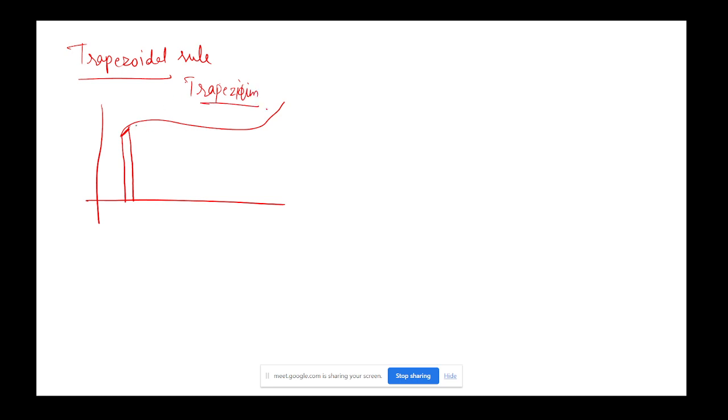You find the area of each of these and sum it up. I'm not going deep into the derivation of each, but you divide into small sections, consider each as a trapezoid, and sum it up.